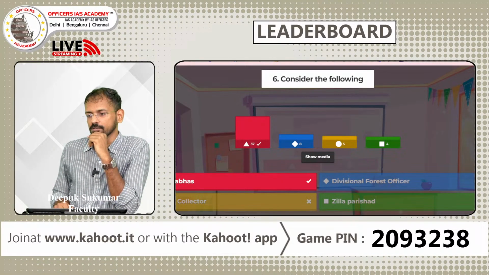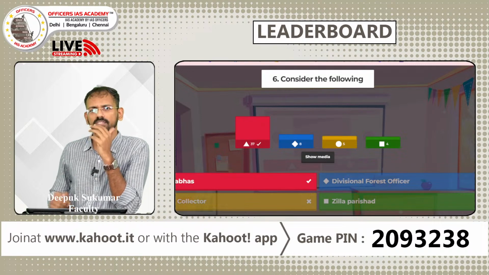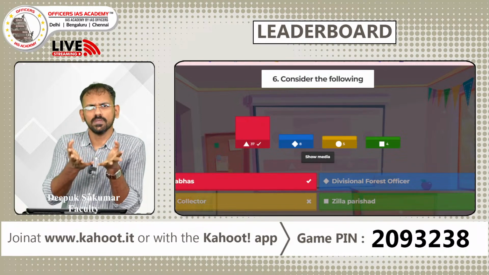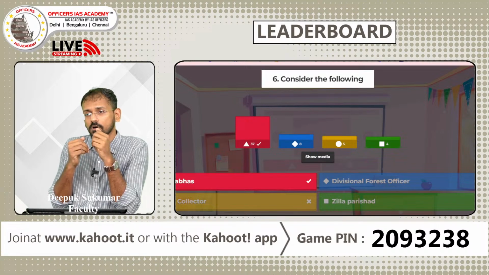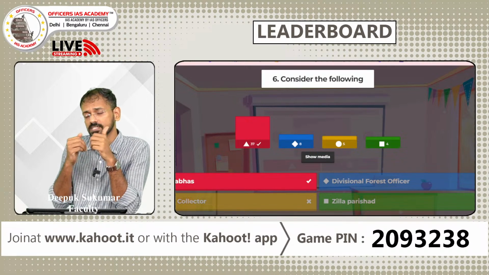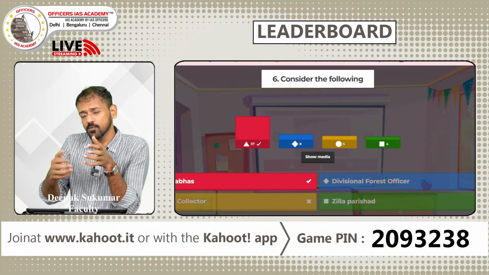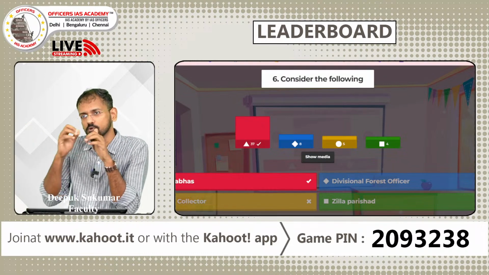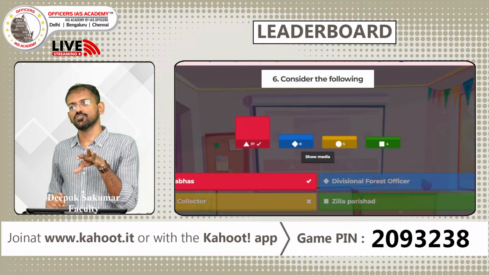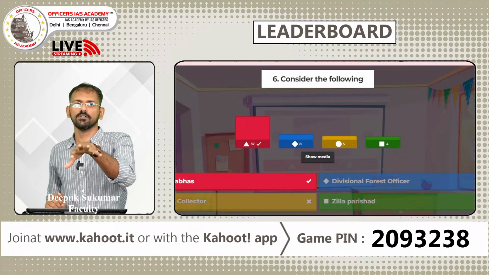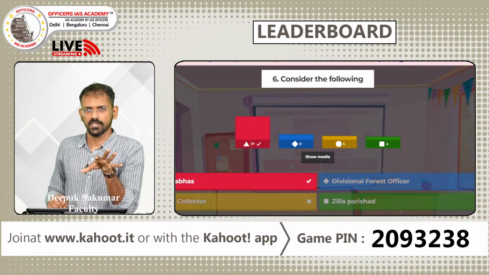See, the whole idea of the Forest Rights Act is to basically give power to the people, give people some autonomy, get people to decide for themselves what they want. Helping them to articulate their needs, helping them fulfill their needs. The whole idea is to be able to empower these communities, right?